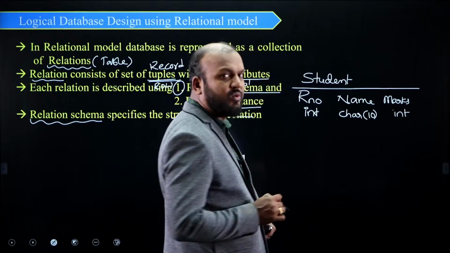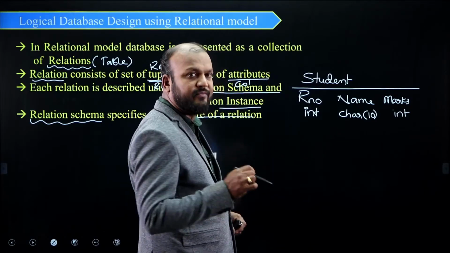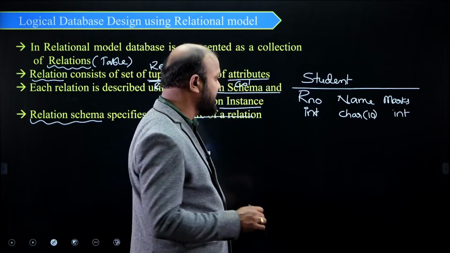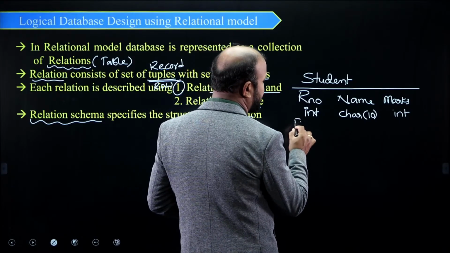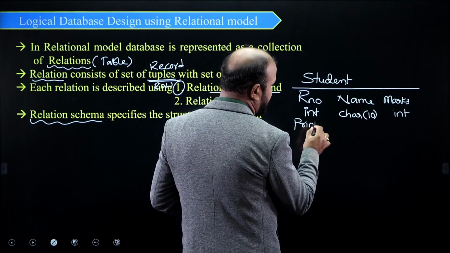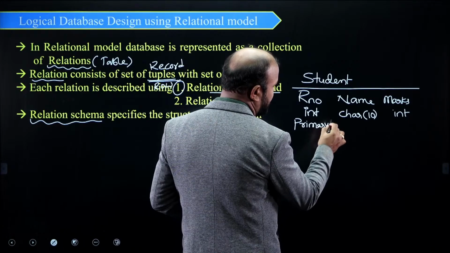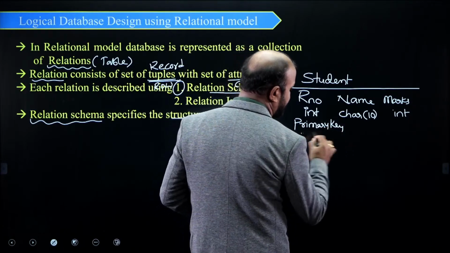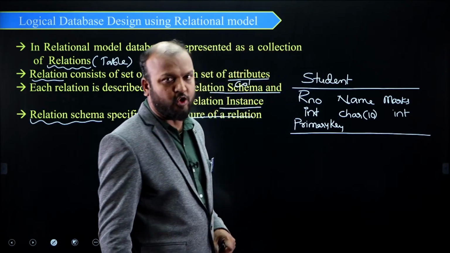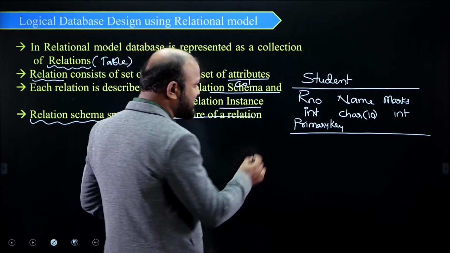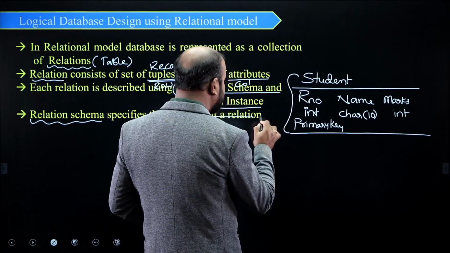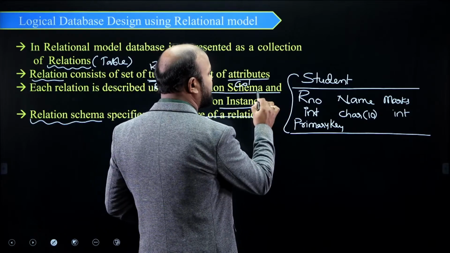And on roll number, we would like to add a constraint. That constraint is called a primary key. A primary key means it should not allow any null value and should not allow any duplicates. And this representation is called the relation schema.